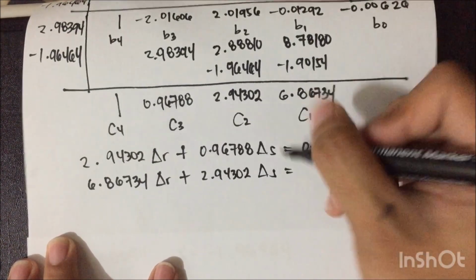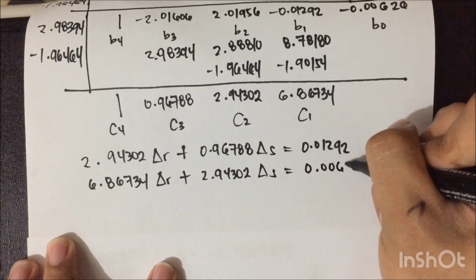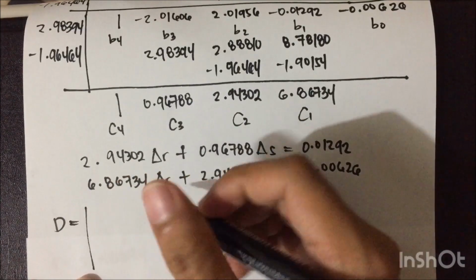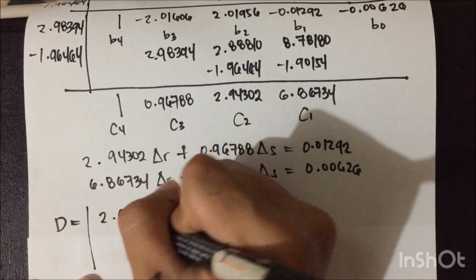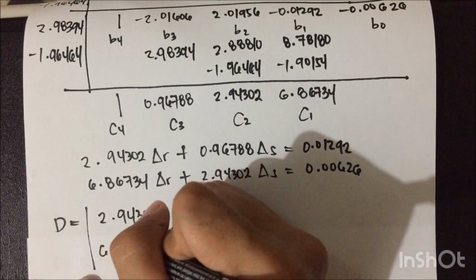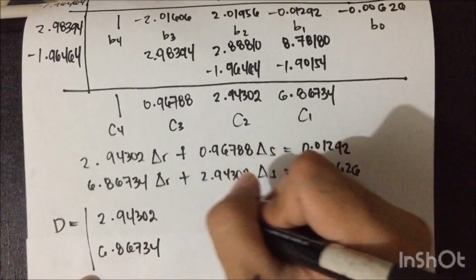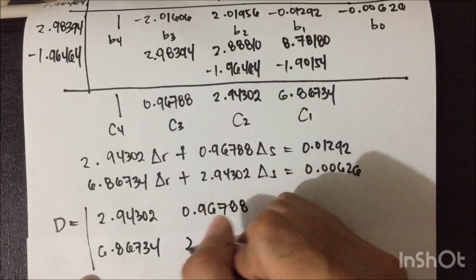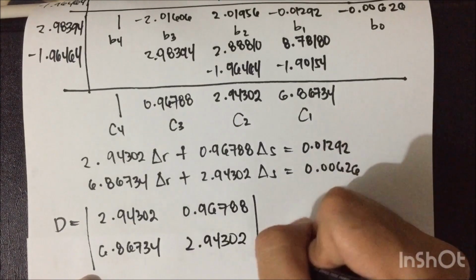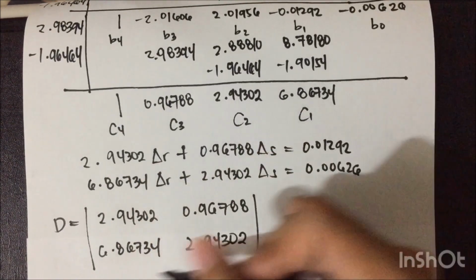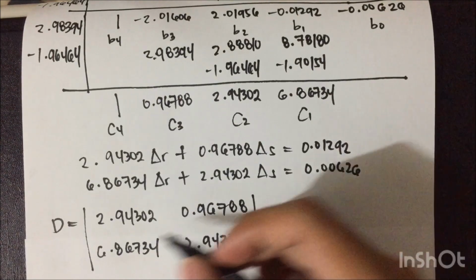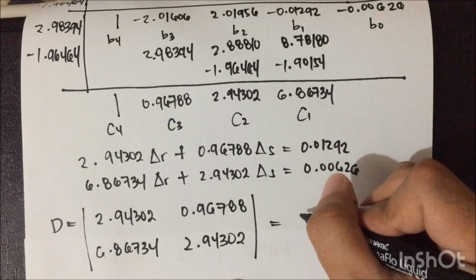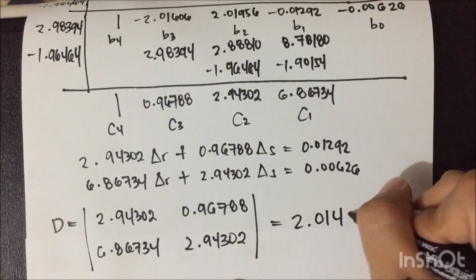We have a negative, so we have 0.00626. So getting the determinant, again, use matrix 2.94302, 6.86734 at itong 0.96788 para sa ating delta S, 2.94302. So again, multiply downward minus multiply the upward values. So we have the determinant 2.01461.